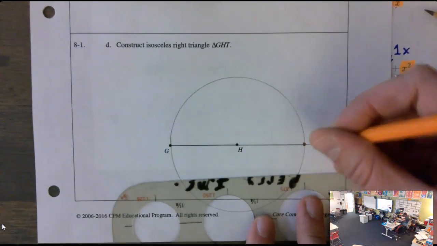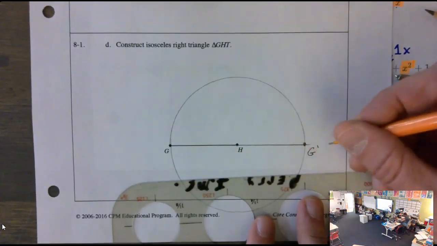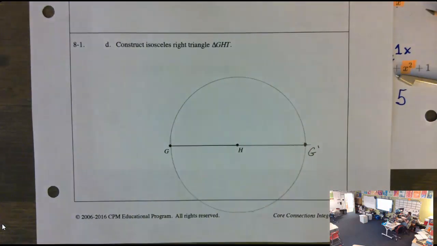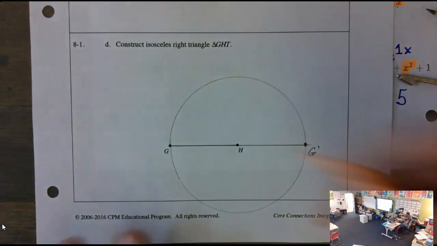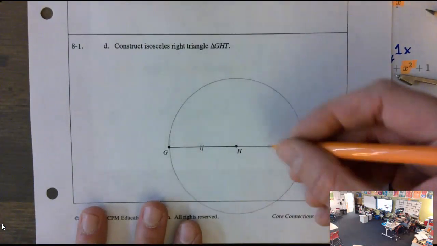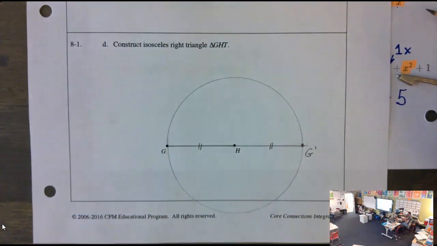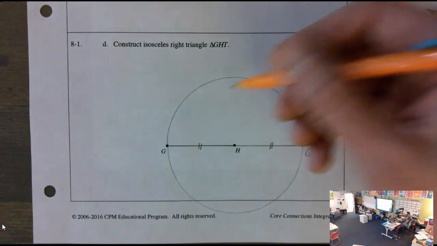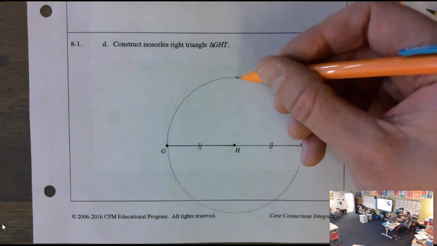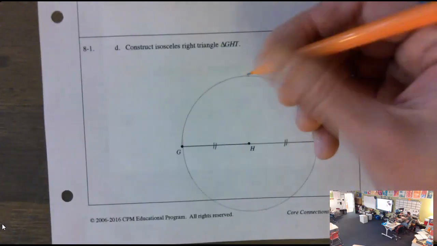But I mean, one of the biggest things with constructions is just try something, right? If you don't know what to do, just try something. So I now know HG and HG prime are equal lengths. I know that if I put a point up here, that we could call F, right?